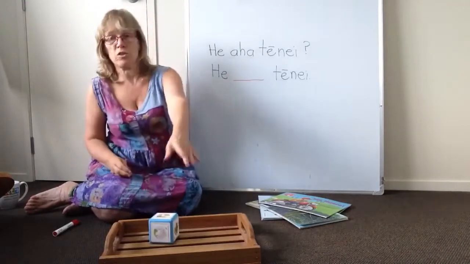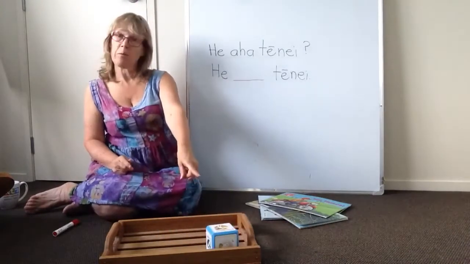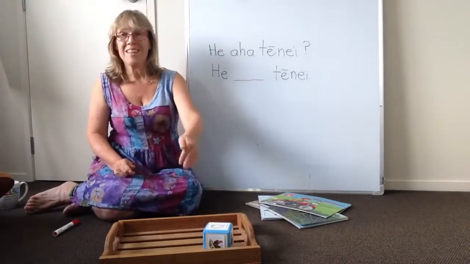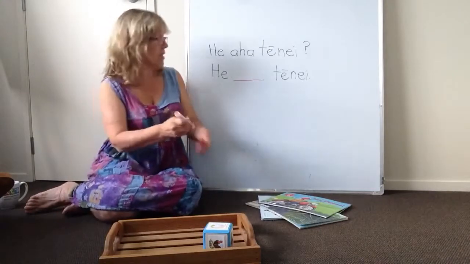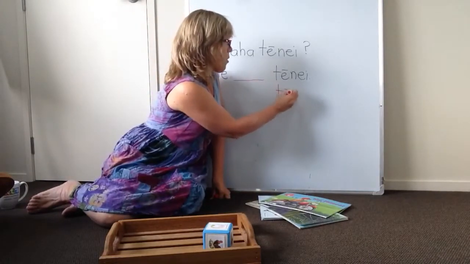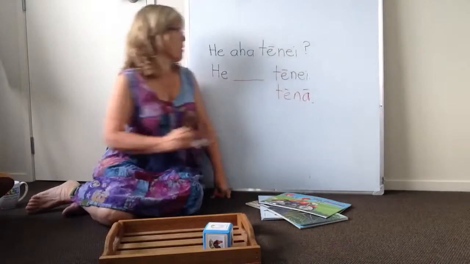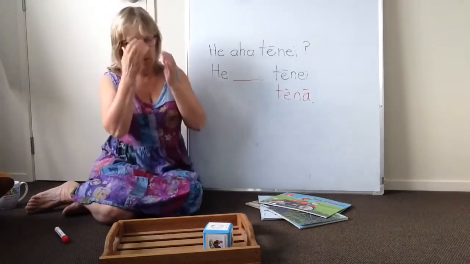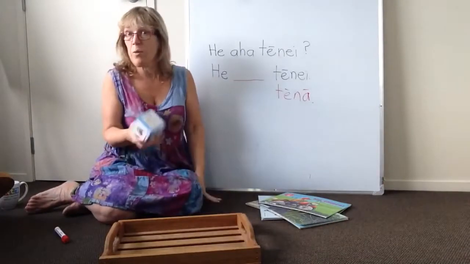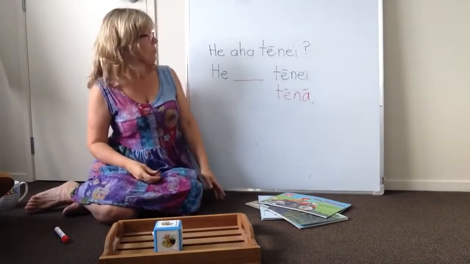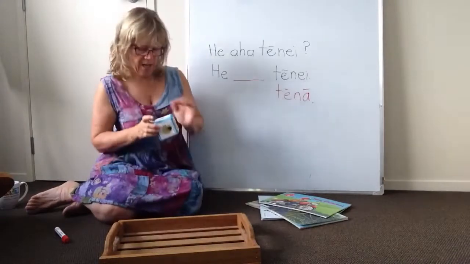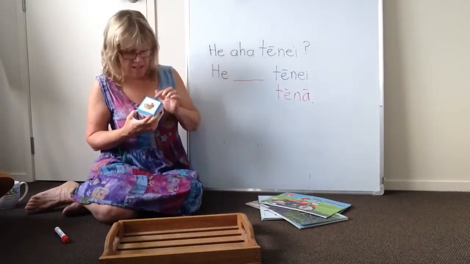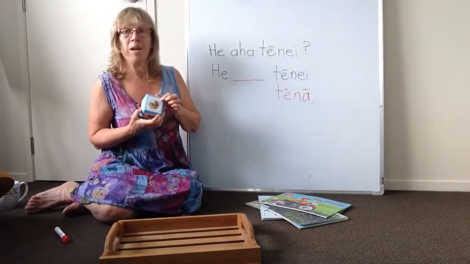But if they were pointing to it from a distance, they would say, He hipi tēnā. So tēnā is for that. Tēnei this, tēnā that. So try and keep it simple. So they might be rolling the dice. If they're rolling the dice, they can say, oh, He aha tēnei. They could roll their own dice and then it's easy. Tēnei, he hoiho tēnei.